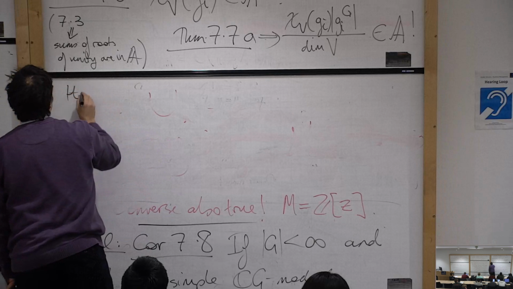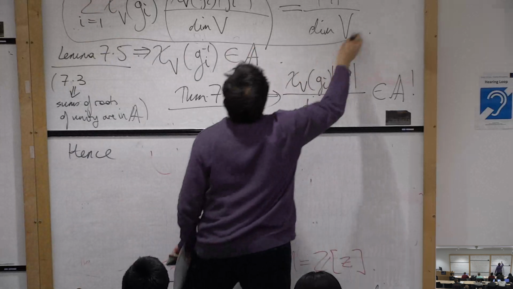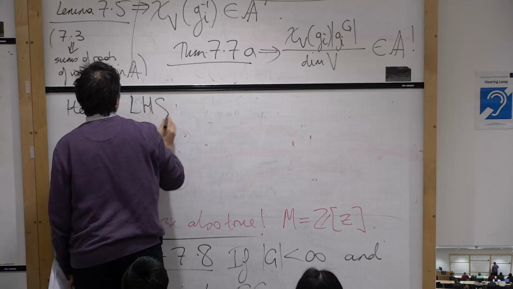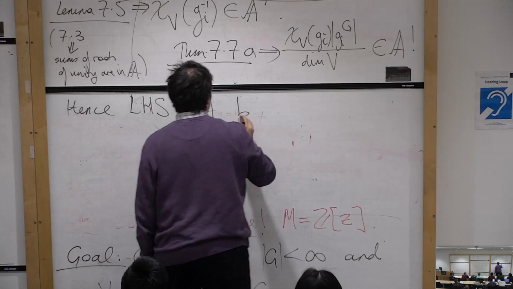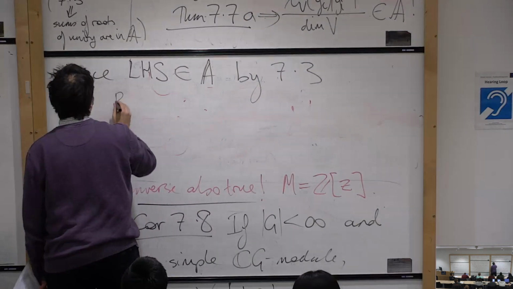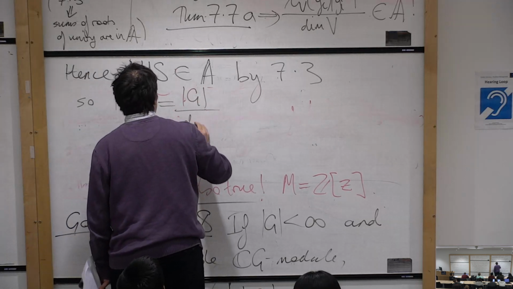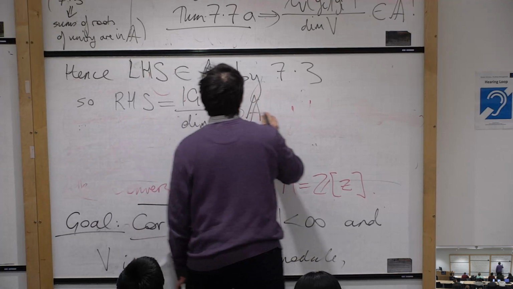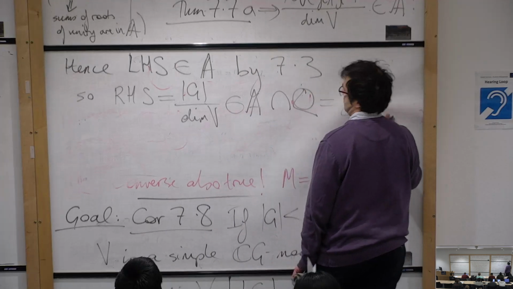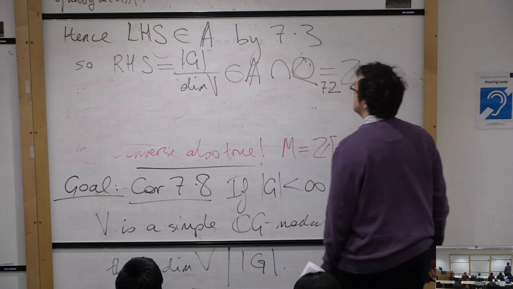Right, so hence, in this equation, the left-hand side is an algebraic integer by 7.3, and so the right-hand side, which is the rational number we want, is in A, and a rational number, and that's by 7.2 by example.